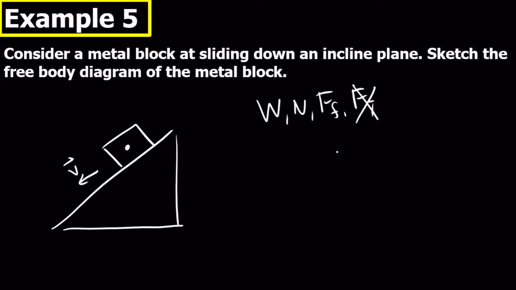It is moving, so we do have frictional force. It's going to be against the direction of motion. It is in contact with a stable surface, so we do have normal force. And then we have weight, the action of gravity.